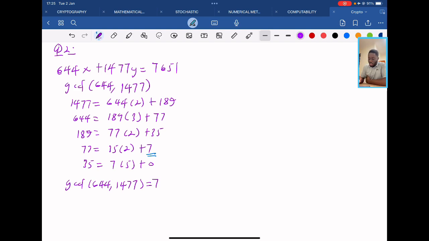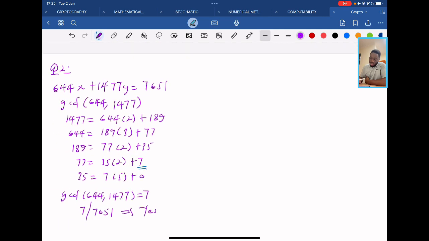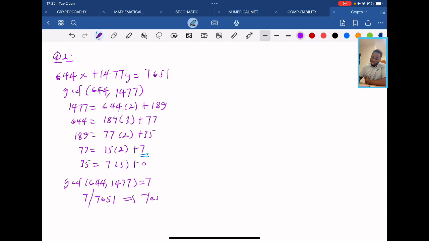Now we have to check, is the GCD a divisor of 7651? And the answer is yes. Okay, so if the answer is yes, then it means that we can continue to find the solution. Now remember, you have to solve the equation backwards.